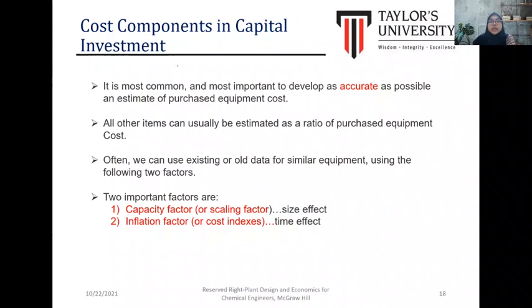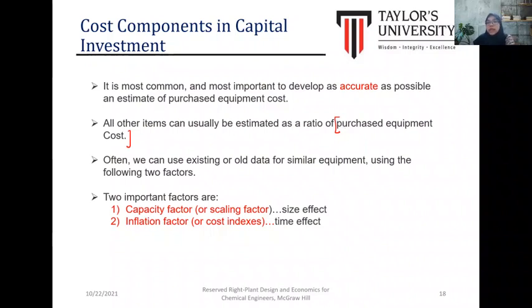This is because we tend to develop the purchase cost as accurately as possible by considering factor cost. Okay, all other items can usually be estimated as a ratio of purchase equipment cost. So the first step is to define the purchase equipment cost before we can proceed to the other costs. So usually we can use the existing or old data for similar equipment.